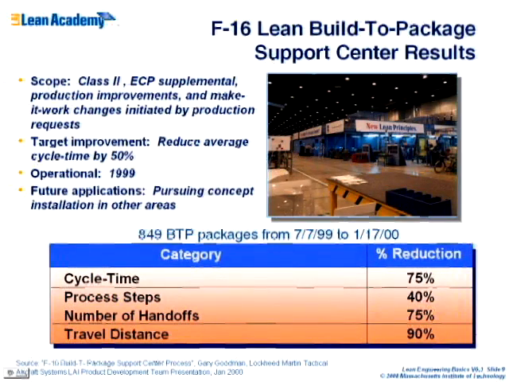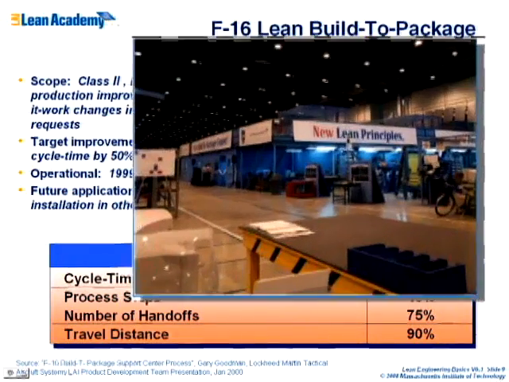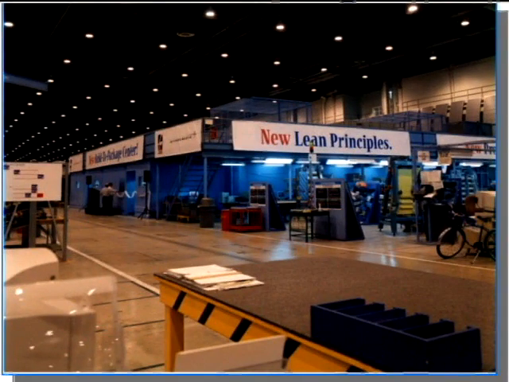And if you wanted some illustration of the results that can be achieved, we have that here in this slide. This is a picture of the build-to package support center that resulted from this value stream mapping activity. It's a facility down on the shop floor, so it's very close to the things they're trying to change.